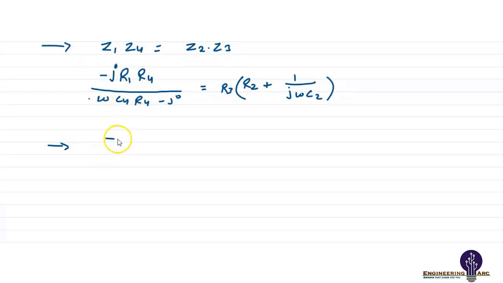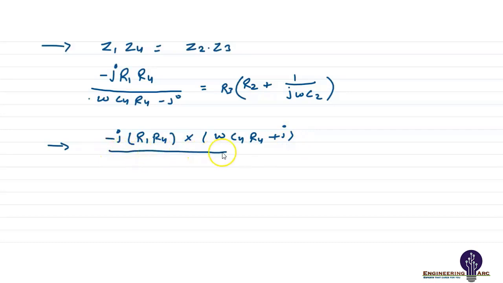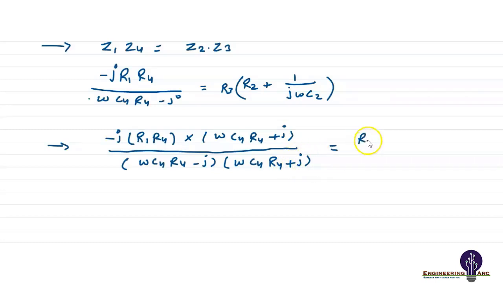Now we apply the concept of complex conjugate in this equation. Then this equation will be minus j R1 R4 multiplied by the complex conjugate in the upper side, omega C4 R4 plus j, upon omega C4 R4 minus j multiplied by omega C4 R4 plus j, equals R2 R3, taking the j term upper side, minus j R3 upon omega C2.